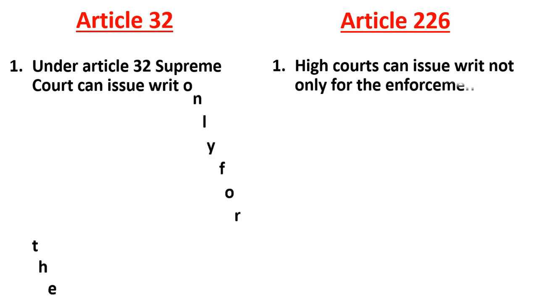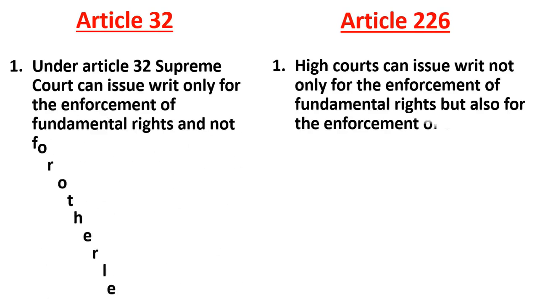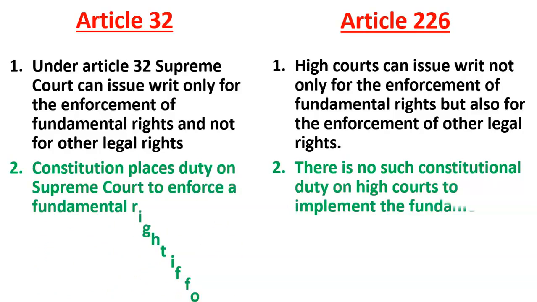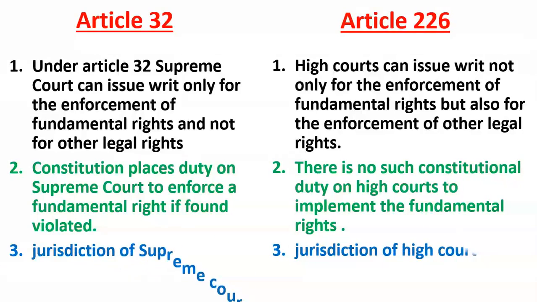So friends, let's move further. Then comes Article 32 and Article 226. Here we will compare the writ jurisdiction of the Supreme Court under Article 32 and the writ jurisdiction of the High Court under Article 226.